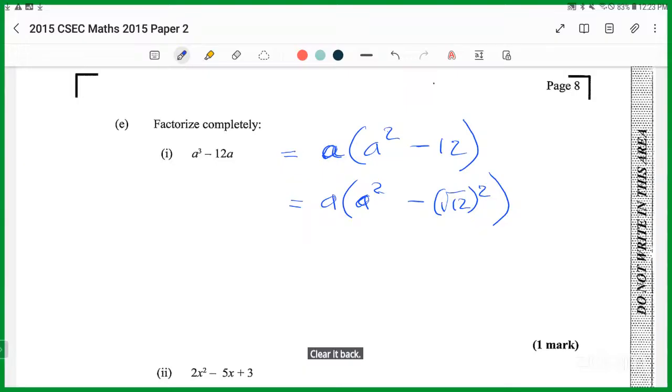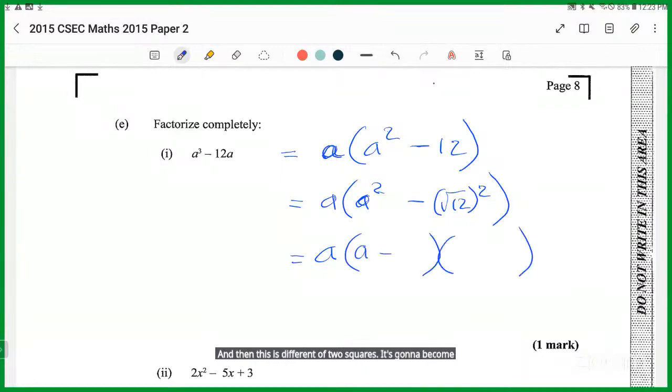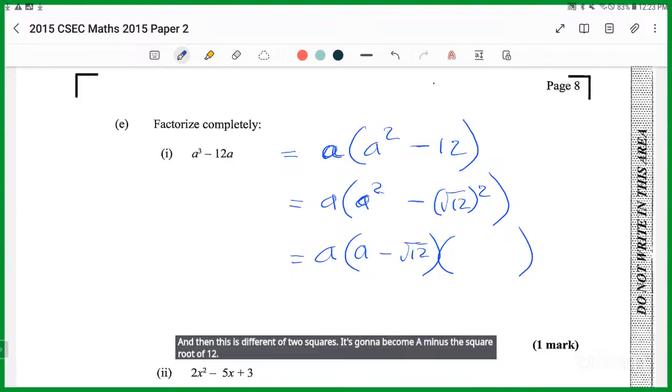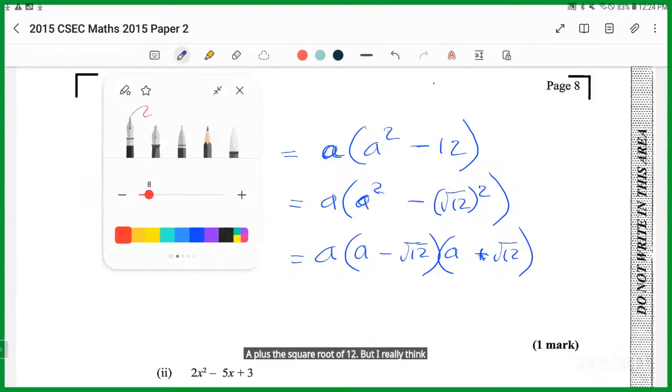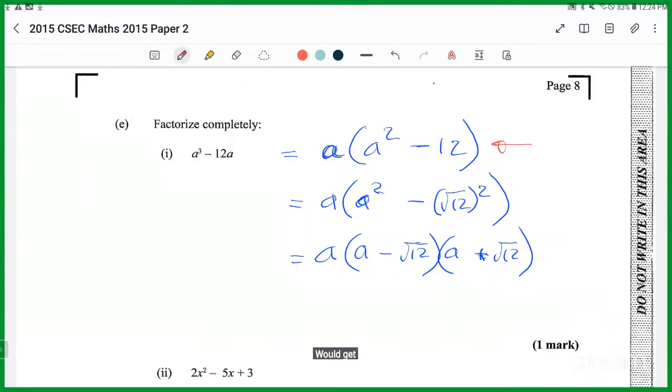And now I have the difference of two squares inside here, so I can apply the rule. It becomes this a factored out first, and then this is the difference of two squares. It's going to become a, bracket, a minus the square root of 12, a plus the square root of 12. But I really think anybody who did this would get the 1 mark.